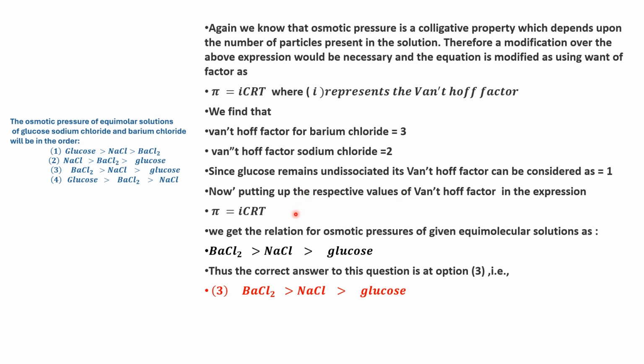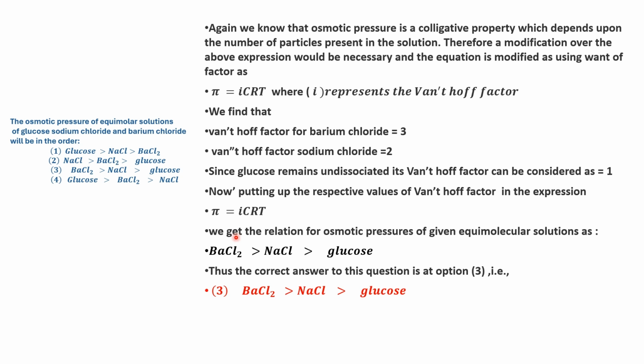Now, when you put up the values properly, the value of i in case of barium chloride is 3, so it becomes 3 times. The value of i in case of sodium chloride is 2, so the osmotic pressure becomes 2 times, and of course glucose has the minimum osmotic pressure, which is considered as 1.